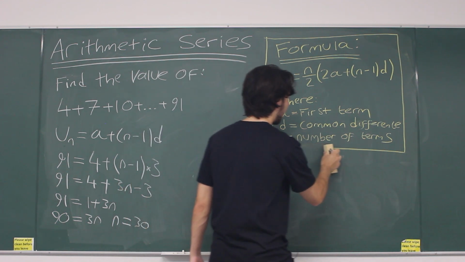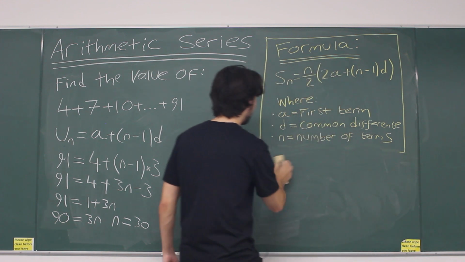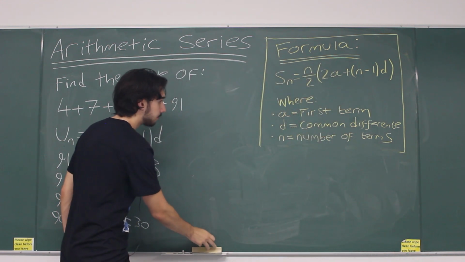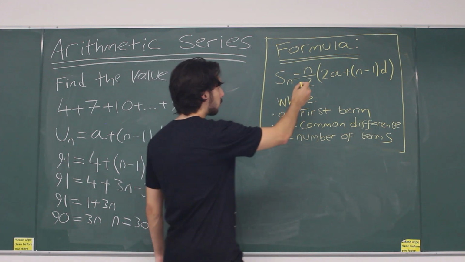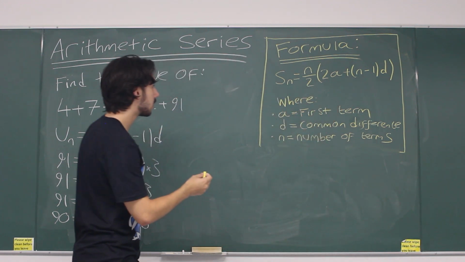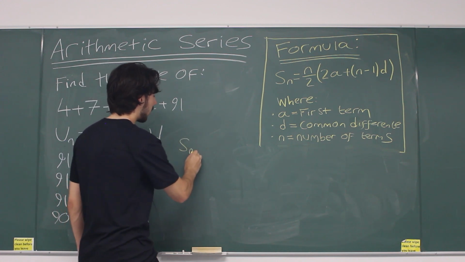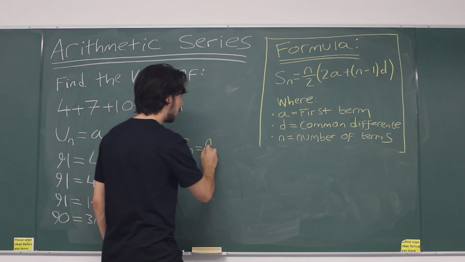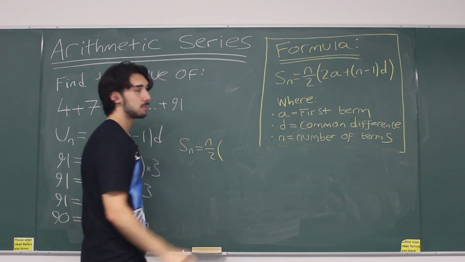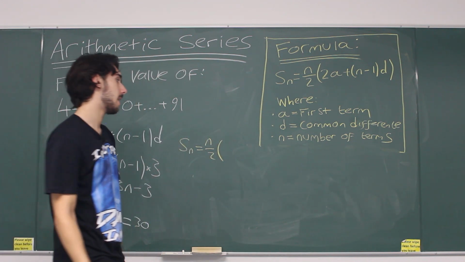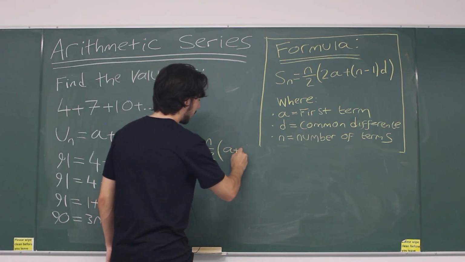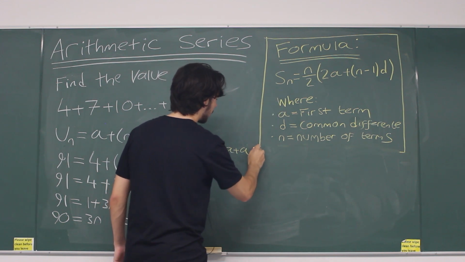Honestly, it's rarely that helpful, but it's good to see because you may need to know it. If we rearrange this, well, not even a rearrangement, but let's just split the 2a into a plus a. We're going to have a plus a, then plus n minus 1d.